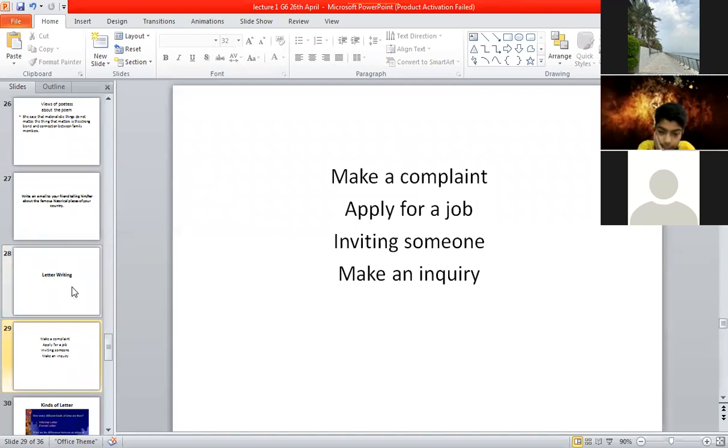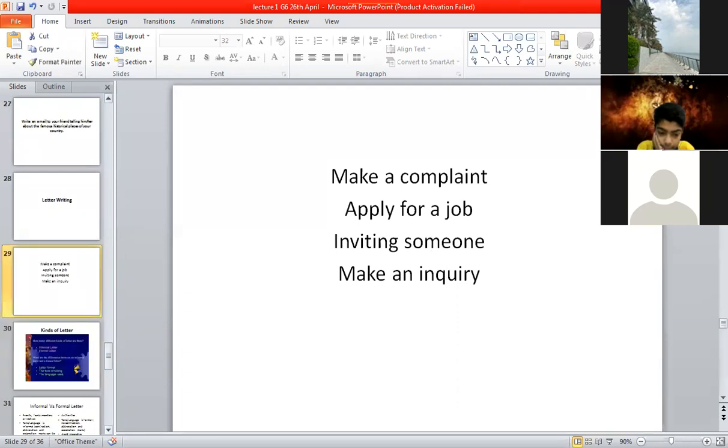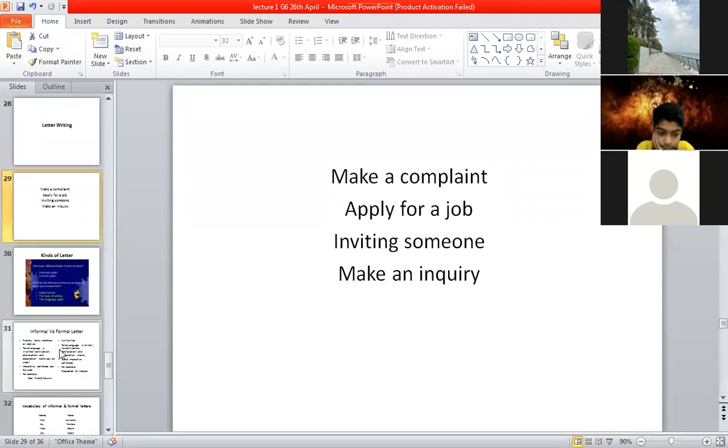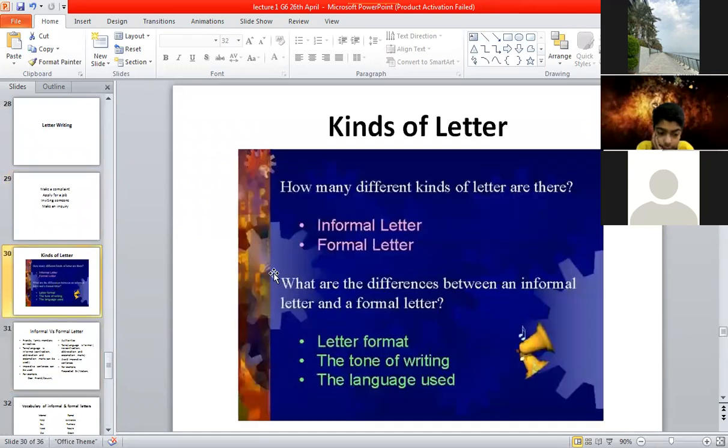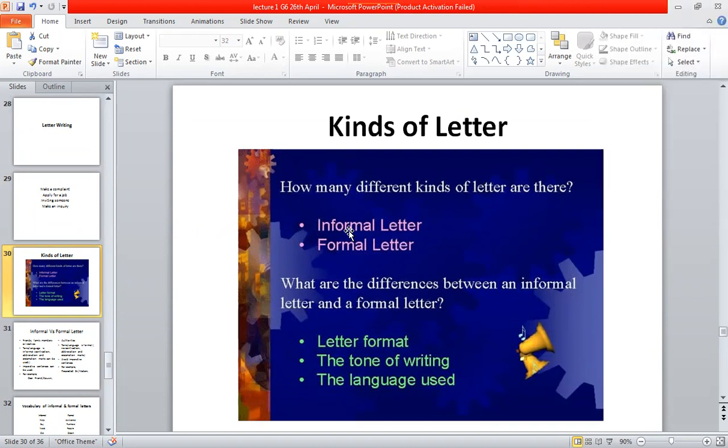So the purpose of letter writing is that you want to say something to someone. There are kinds of letters. There are these two kinds of letters, formal and informal. Formal letter is also divided into further categories.